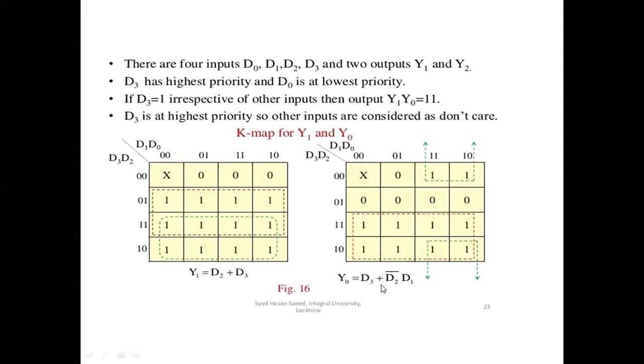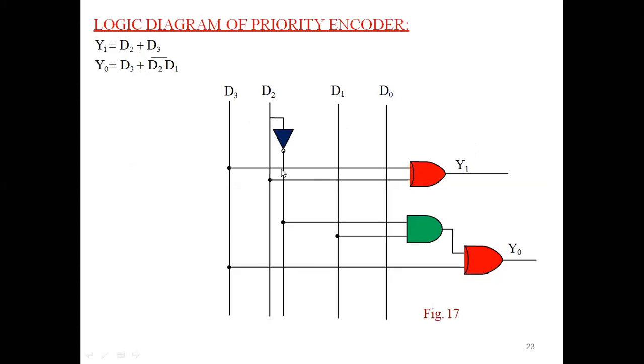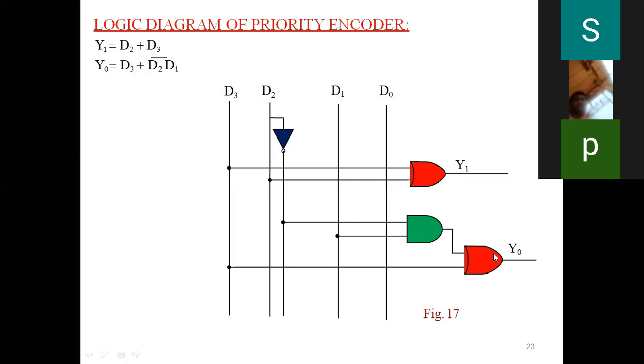For this statement, one AND gate, one NOT gate and one OR gate are required. So here D2 with its complement, and here D1. We give the complement of D2, so D2 complement and D1 go to the AND gate. Then D3 plus that output goes as the input to this OR gate.